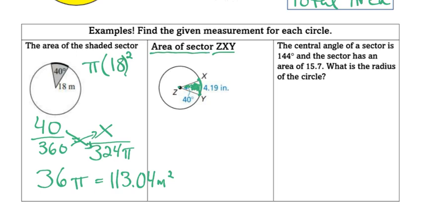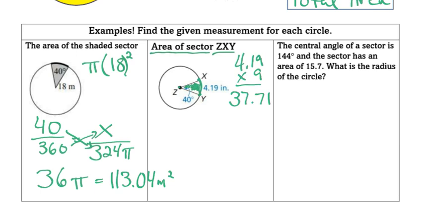All right, this is exactly the same circle as what we had before. I'm going to do 4.19 times 9, because I know that 40 degrees is 1/9 of that circle. Could also set up a proportion, and you'd find out that the total circumference is 37.71.